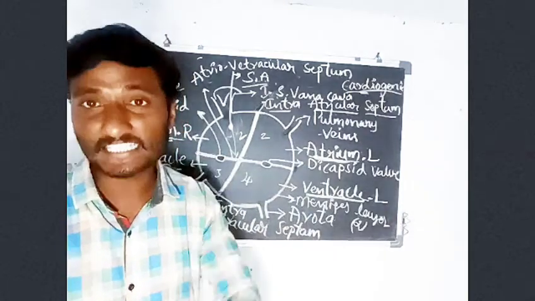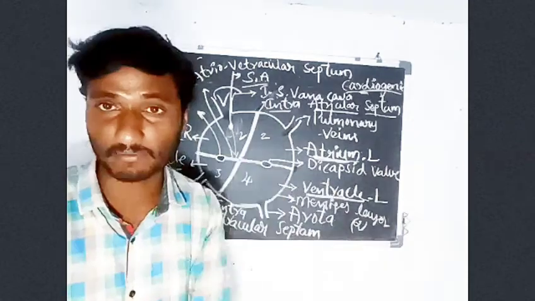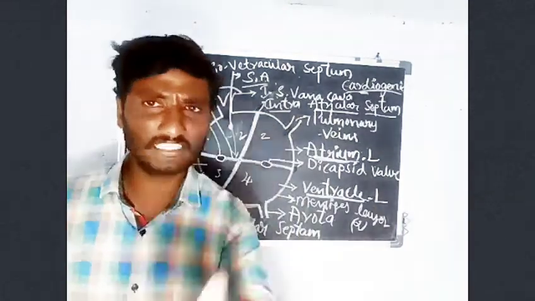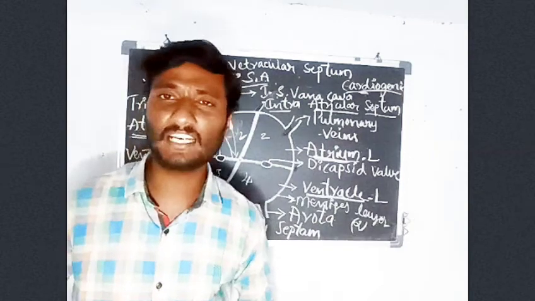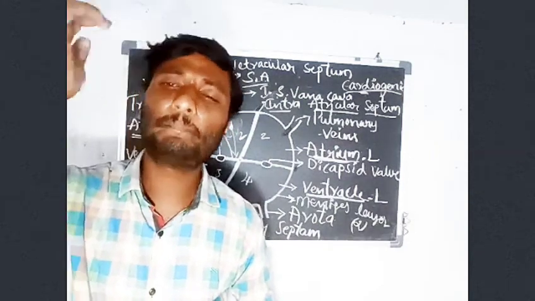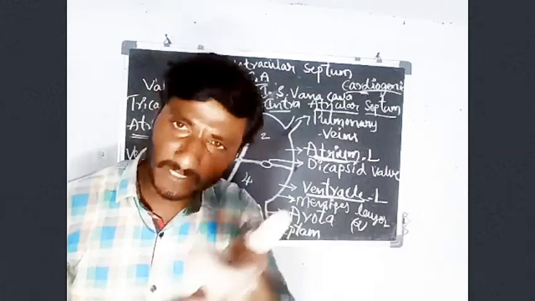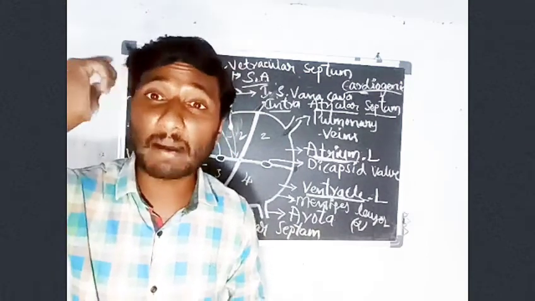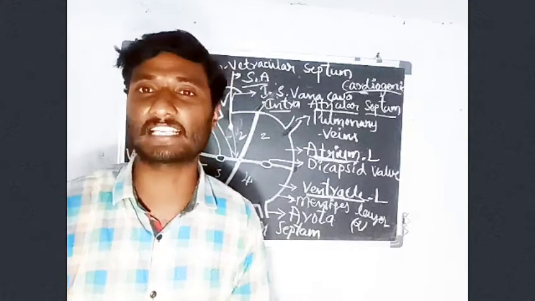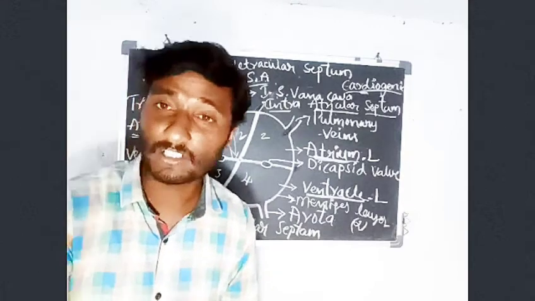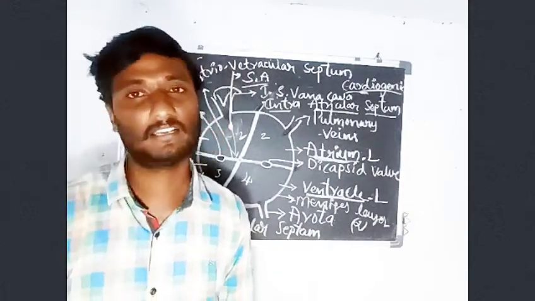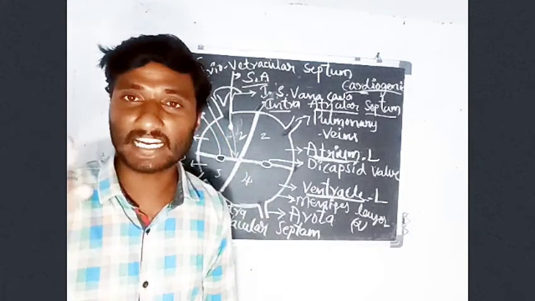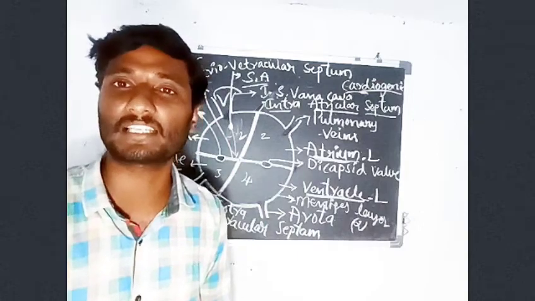This system is involved in starting the circulation process. For example, the respiratory system is totally controlled by the medulla oblongata. I said in the previous class that the medulla controls our respiration process. But in circulation, our brain cannot control the circulation process.